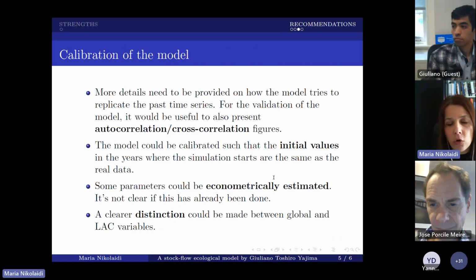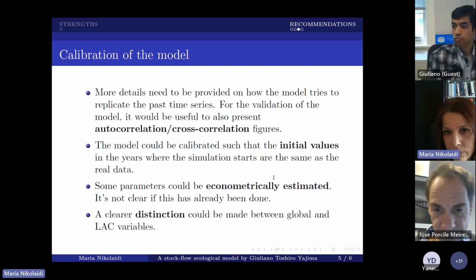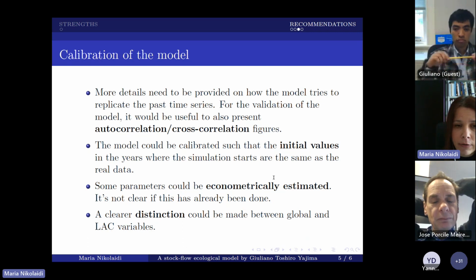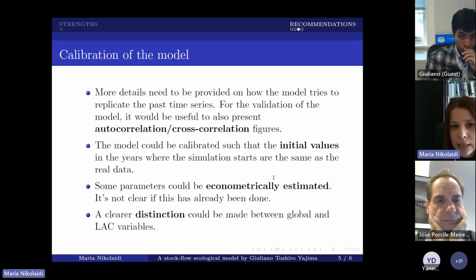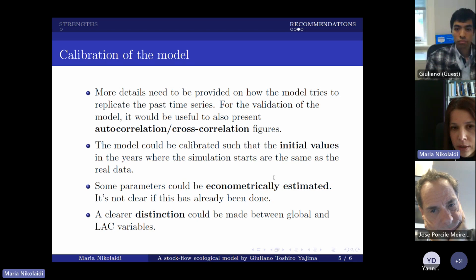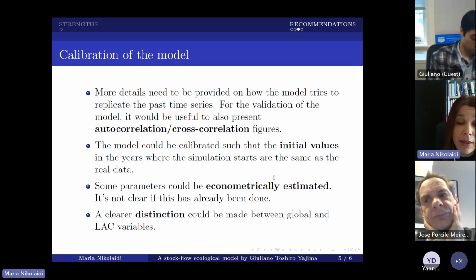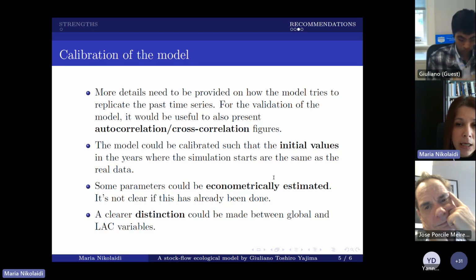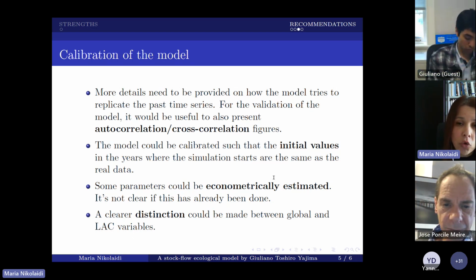Now, I have some other comments about the way that you have calibrated the model. I know that you show these nice graphs in which you present the actual data with the simulated data that you have in your baseline scenario, but I'm not sure exactly the way that you get this. My understanding is that you use some parameters, but probably you need to explain the exact parameters that you use in order to replicate the past time series.